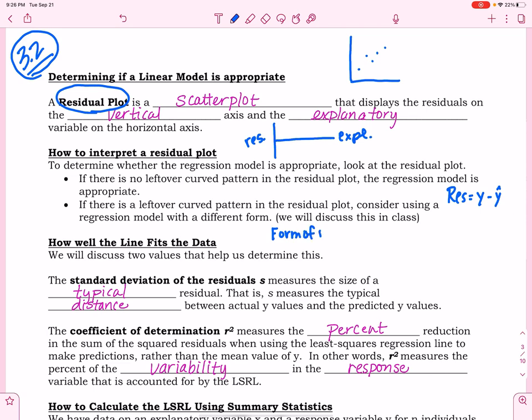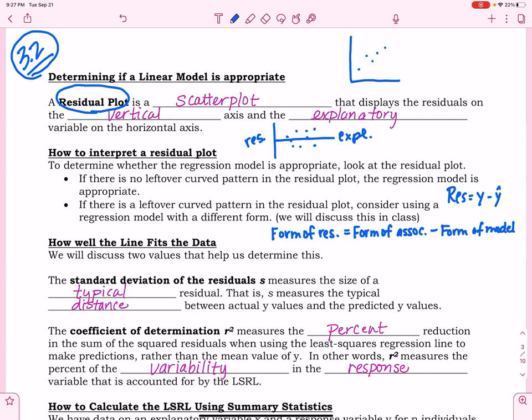So the form of the residual, and by that I mean whatever the scatter plot of the residuals looks like, would equal my actual y, and I'm going to call this the form of my association because that's the form of your original scatter plot, minus y hat, which is your predicted y value. So that's going to represent the form of our linear model. Okay, so I'm going to call that form of the model.